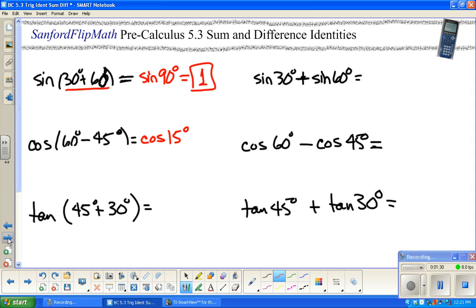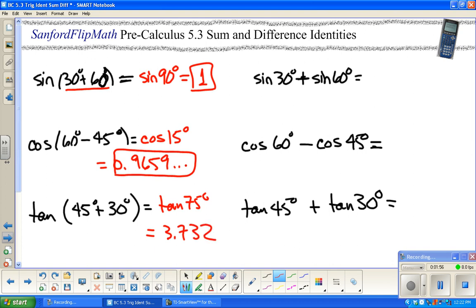Well, the cosine of 15 degrees, as I'm grabbing my calculator, is 0.9659 and a bunch of stuff. Okay? And then tangent of 75. Well, tangent of 75 is 3.732.